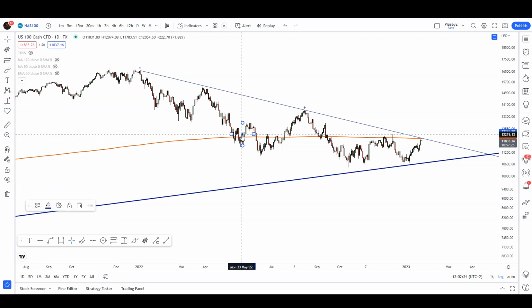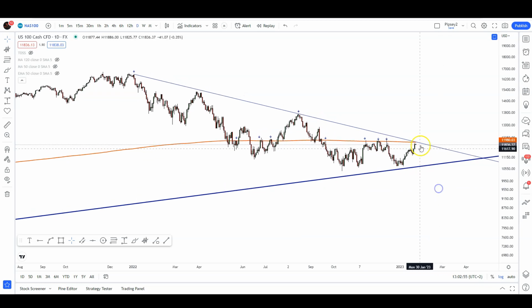Resistance, resistance, resistance, resistance, resistance, resistance, resistance. So now we have all that resistance plus this counter trend line, which shows like this on the logarithmic chart, right?